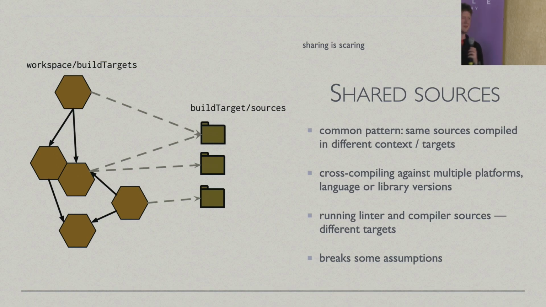So, for instance, you want to compile a source against both JS, JVM, or native, or against Scala version 2.12, 2.13, 3.0, because you want to release your library to different Scala versions, for instance. Yeah, this works fine in SBT, in Bazel, but IntelliJ also has yet another long-standing assumption that you have a one-to-one mapping between modules and source directories.